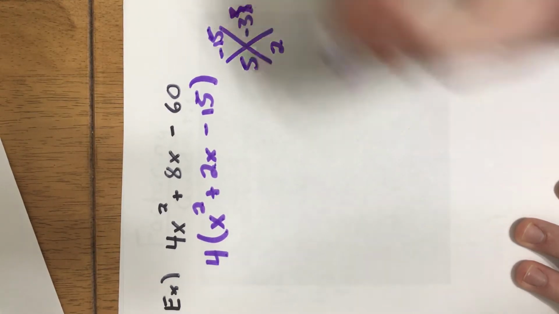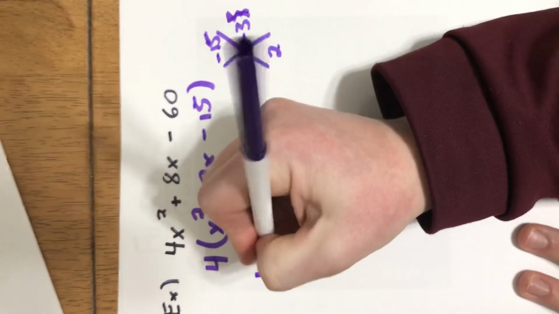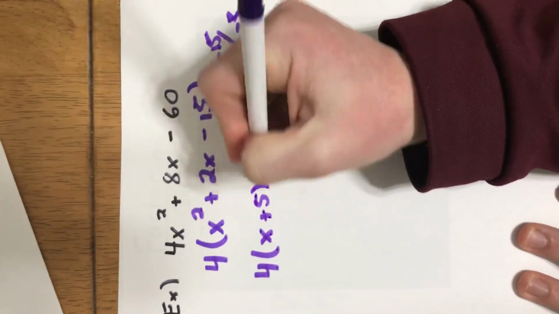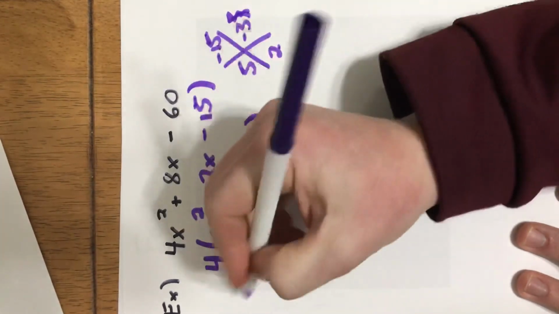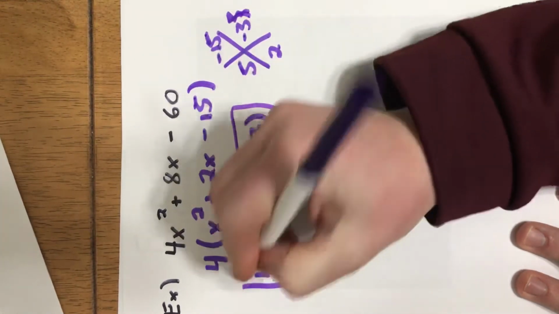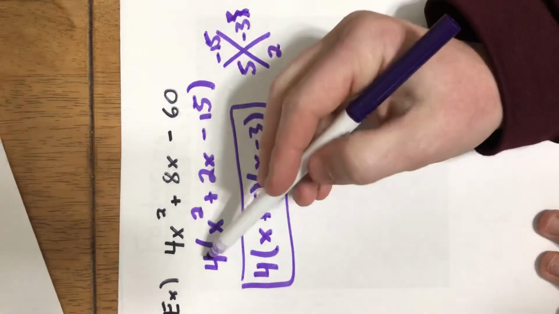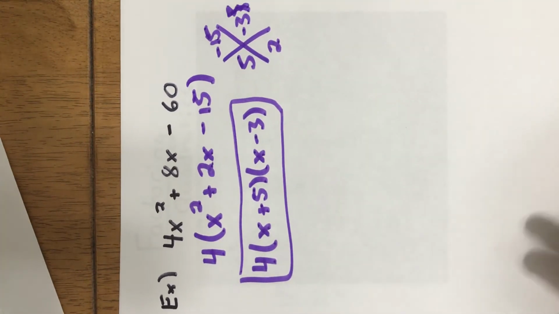So the 4 stays with us, and now I'm going to have x plus 5, x minus 3. Now at this point, there's no further I can go, so that's going to be my answer for that particular problem. Okay, so notice here I took out a GCF, then I did the x method. You'll see that's going to happen with some of these problems.